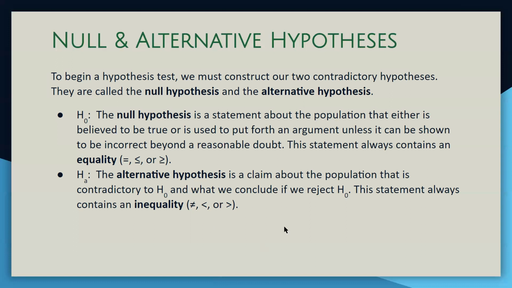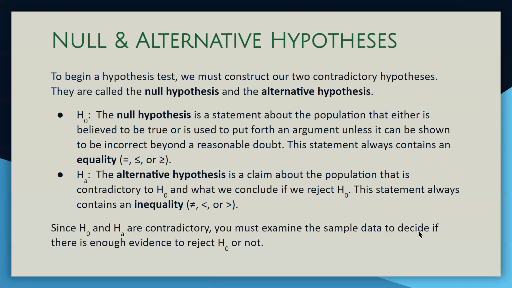We will revisit this repeatedly throughout the videos this week. So we're going to use these contradictory hypotheses. We're going to pull sample data and then decide, is there enough evidence to reject that null hypothesis, that assumption that we're believing that proportion or that mean is true.